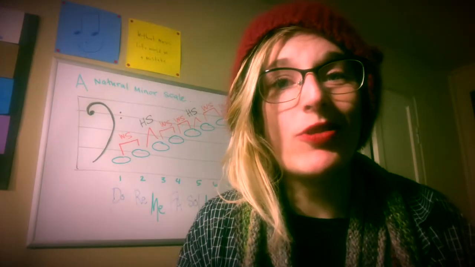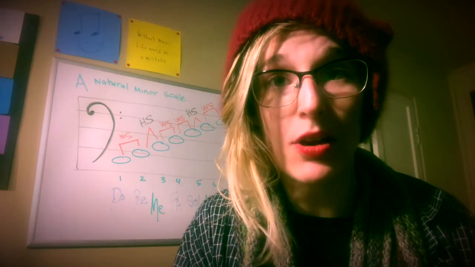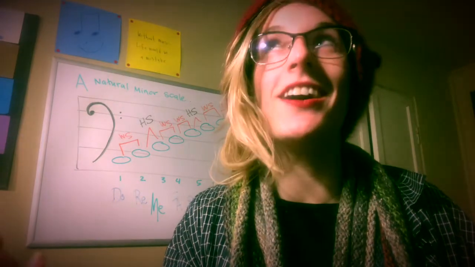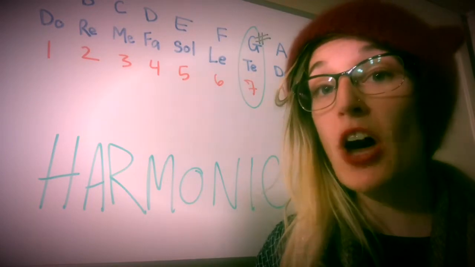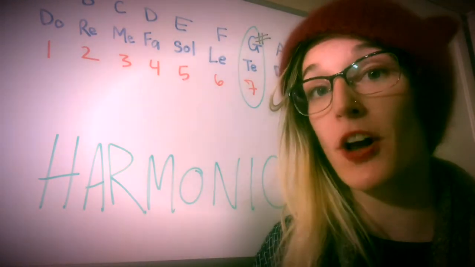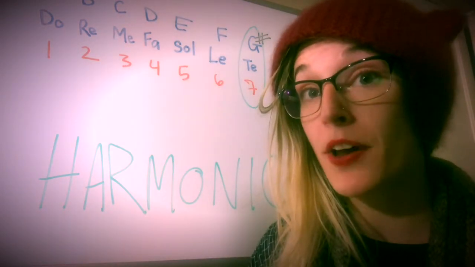All right, so then we've got a harmonic minor scale and a melodic minor scale that are both fairly common and important to talk about. So we'll start with my favorite, the harmonic minor scale. It sounds so cool. If you know how to build a natural minor scale, then you also know how to build a harmonic minor scale, because all you have to do is raise the 7th degree by 1 half step.